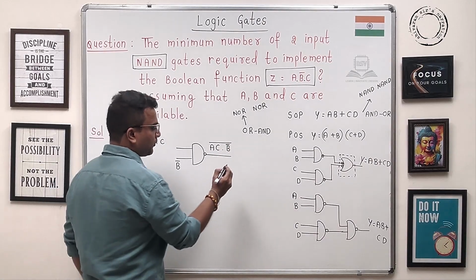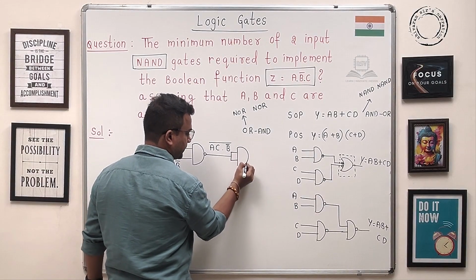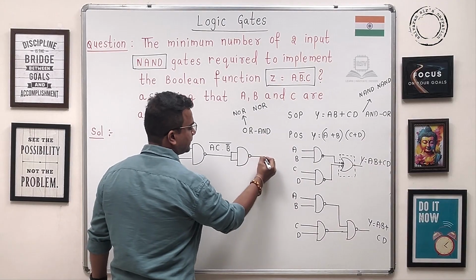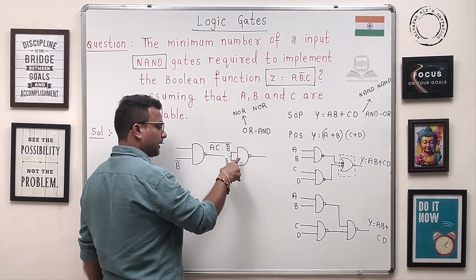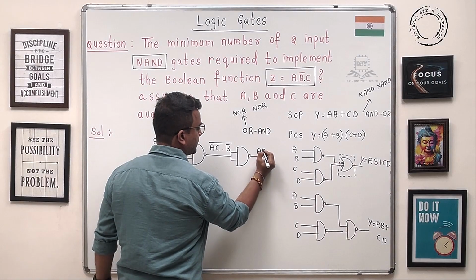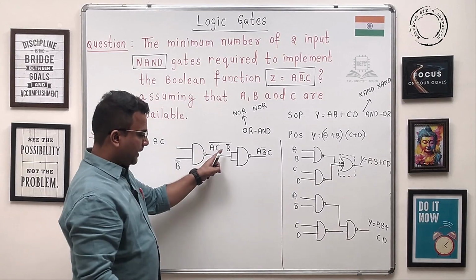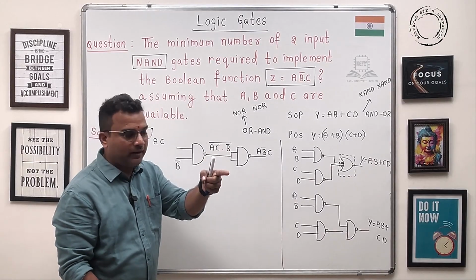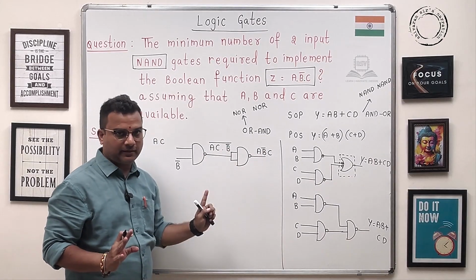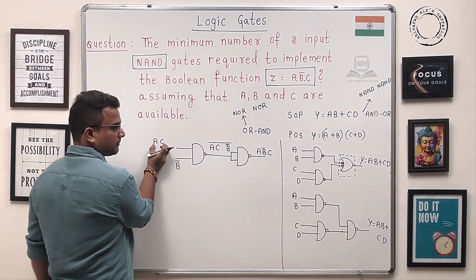For this, if you consider a NAND gate which acts like a NOT gate, then you will get A B bar C only, because (AC B bar) whole bar will give you the same A B bar C. Now this is the one. Then how do you get AC?